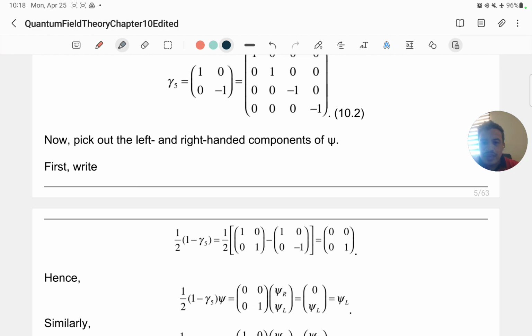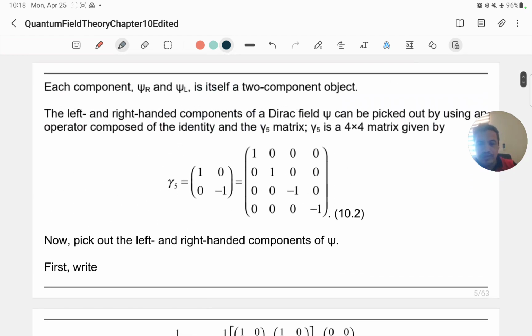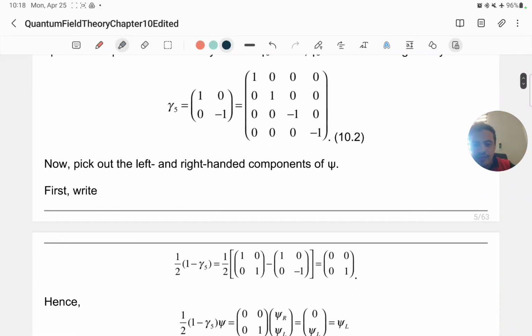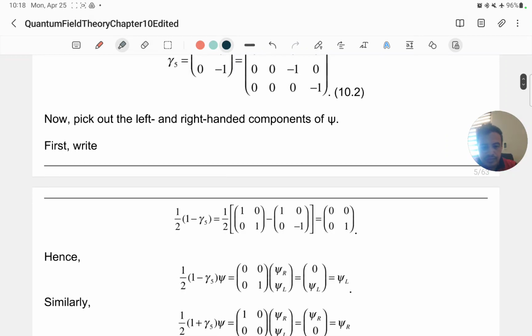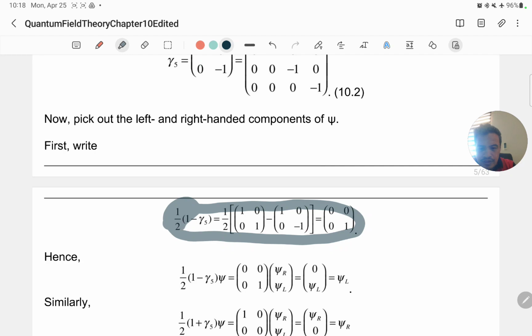So this is the gamma 5, and you can use it to pick only the left-handed component. If you multiply this expression to the Dirac spinor, you can extract only the left-handed component.